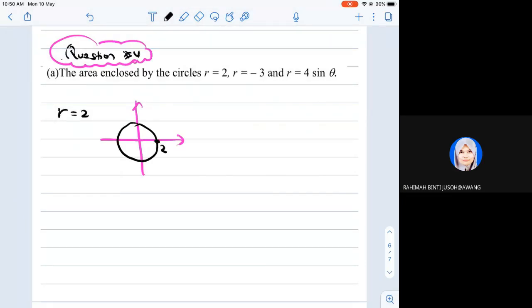Jari 2. So area sama dengan 1/2. Dia tak cakap kan first, second quadrant ke whatsoever. So 0 sampai 2 pi lah. So R kuasa 2, so 2 kuasa 2 d theta. Macam tu. So 4 divided by half should be 2 darab dengan theta integrate.